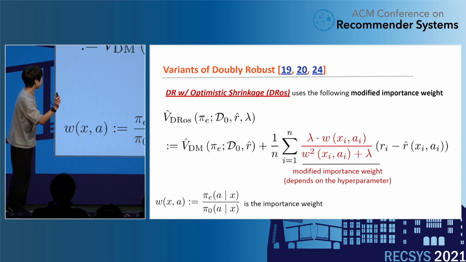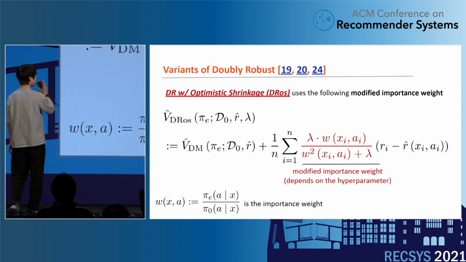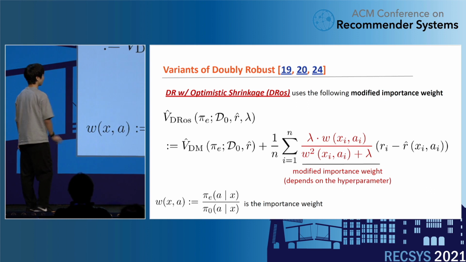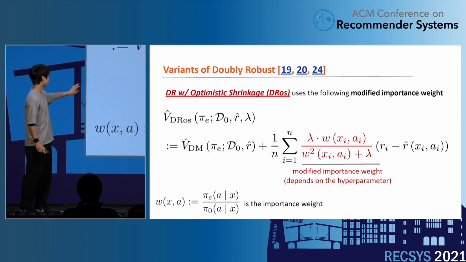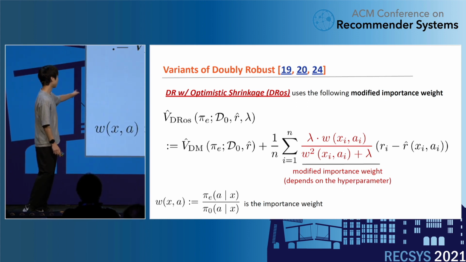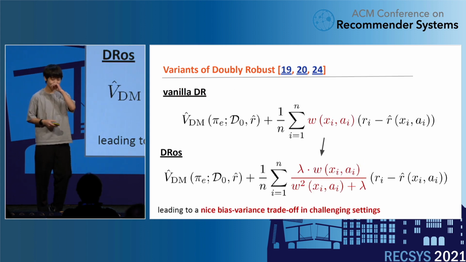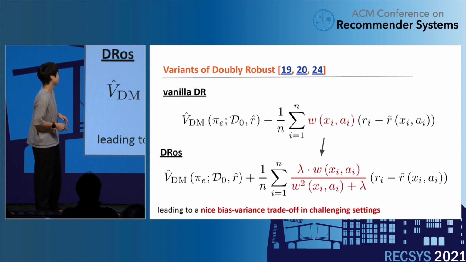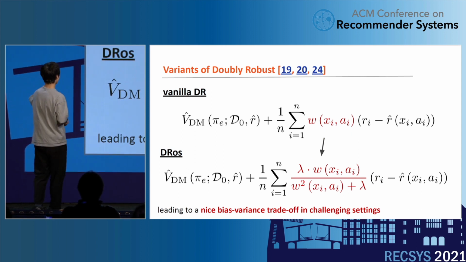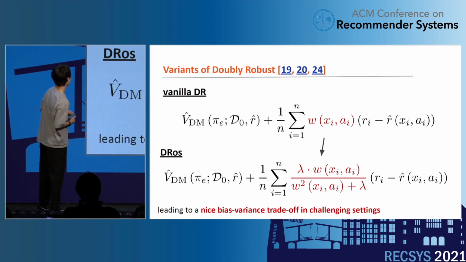I simplified the notation here: I'm now using w to represent the importance weight, pi_E over pi_0, so it's much easier to compare the two estimators, the vanilla doubly robust and the newly introduced, most recent shrinkage estimator.